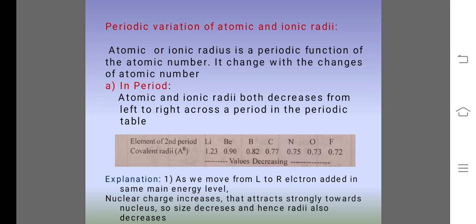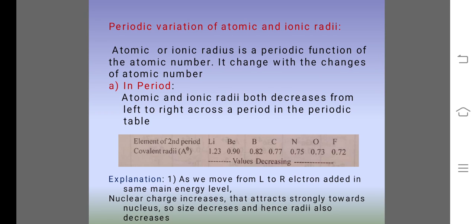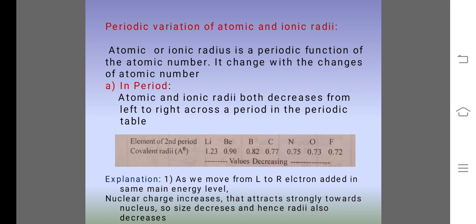Size also decreases, so that's why covalent radii also decrease. What is the explanation behind that? As we move from left to right, electrons are added in the same main energy level. Then nuclear charge increases, which attracts strongly towards the nucleus, so the size of the atom decreases and hence the radii also decrease.